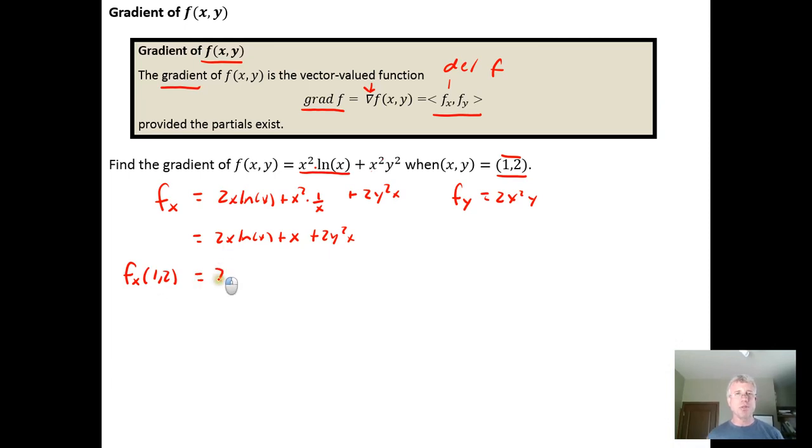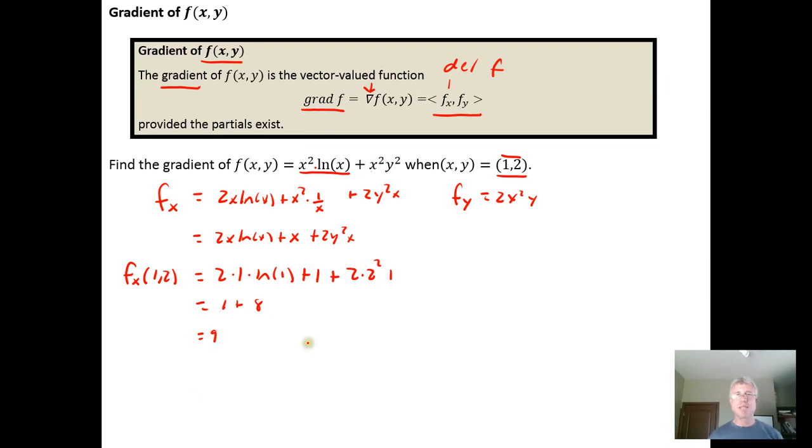So we just plug in our values: 2 times 1 times the natural log of 1 plus 1 plus 2 times 2 squared times 1. But the natural log of 1 is 0, so that term gets killed. So we get 1 plus 2 squared is 4, times 2 is 8.